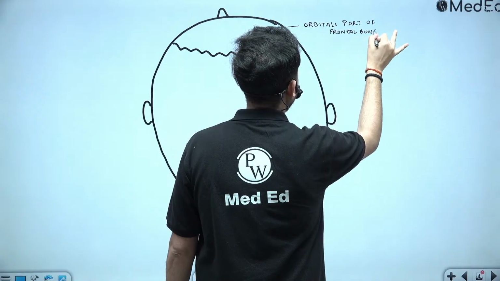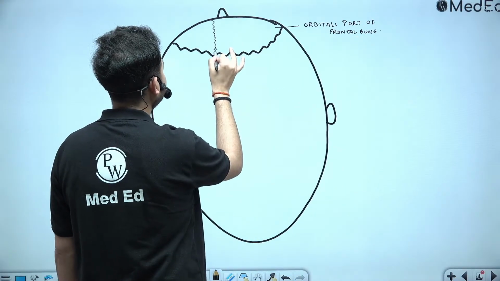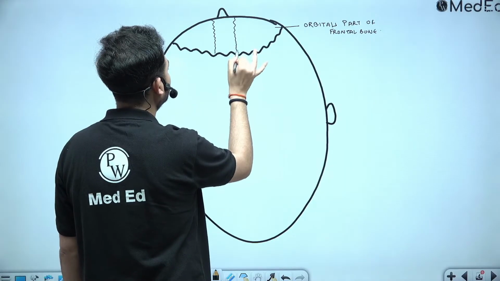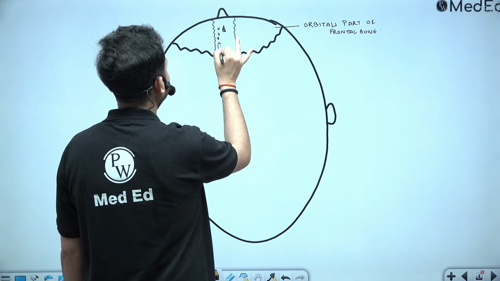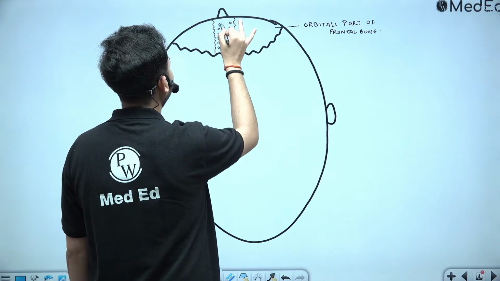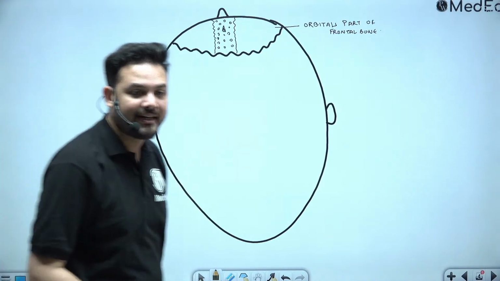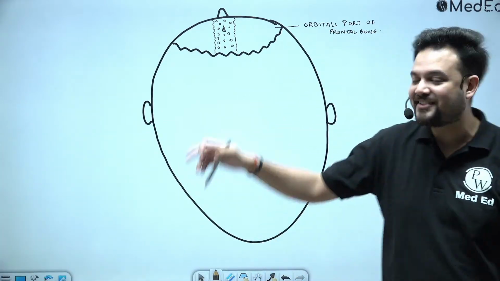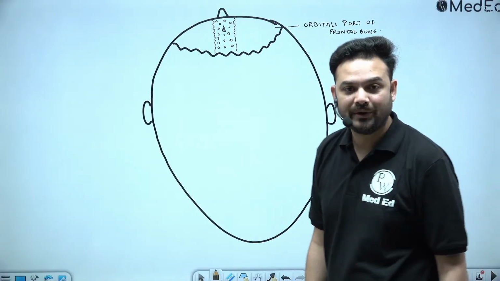Now, in the center over here, there is a small part of the ethmoid bone, which has a lot of foramina over it. Can anyone tell me what exactly this structure is, present in the center above our nose? It is a part of our ethmoid bone.